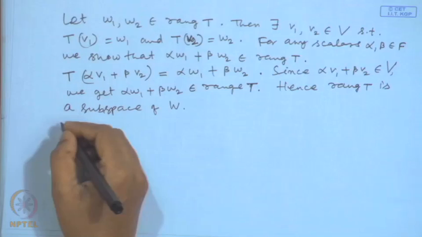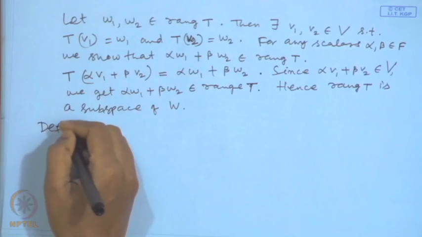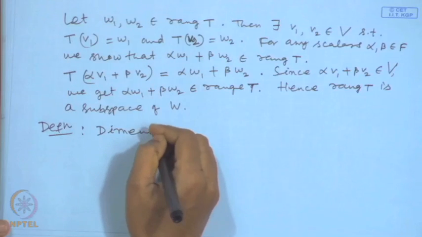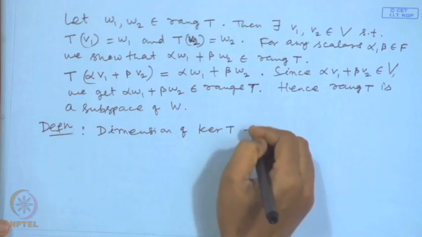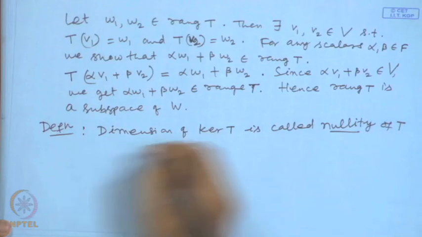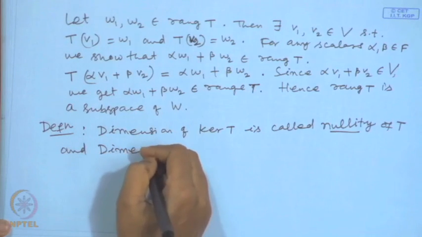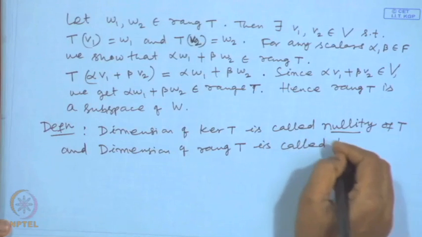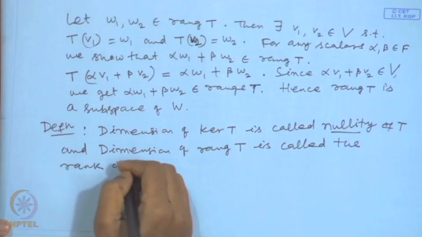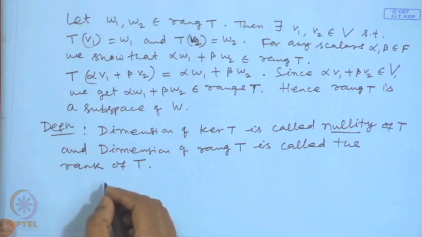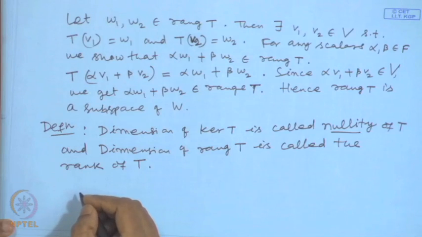Here we give another definition: the dimension of the kernel of T is called the nullity of T, and the dimension of the range of T is called the rank of T. Here we have an important result that relates nullity, rank and the dimension of the vector space.